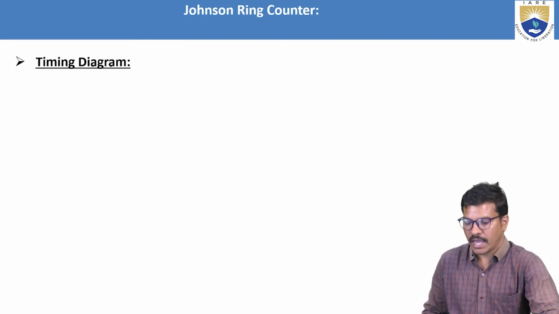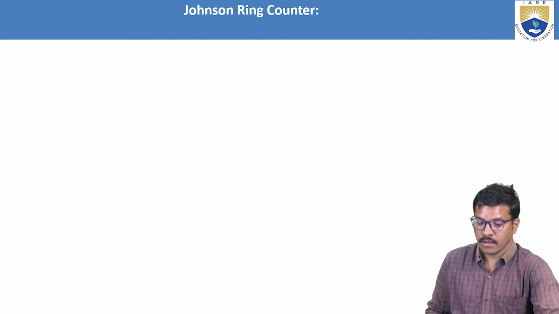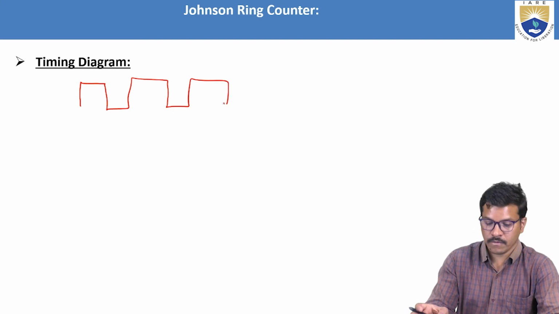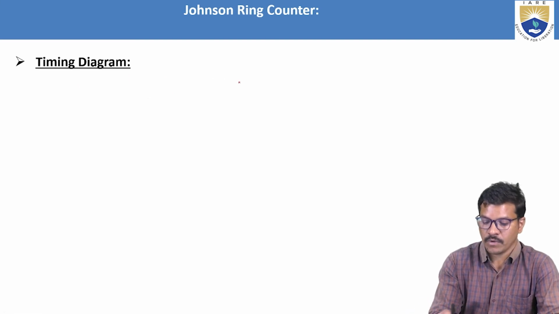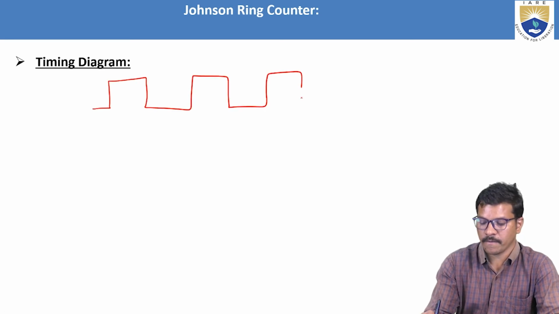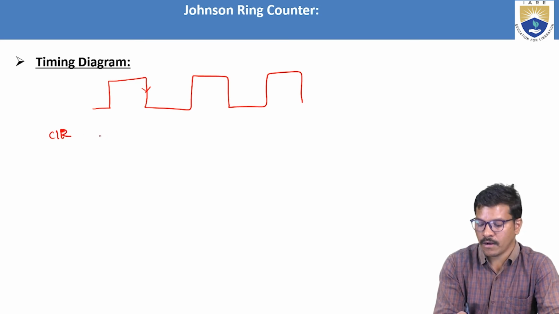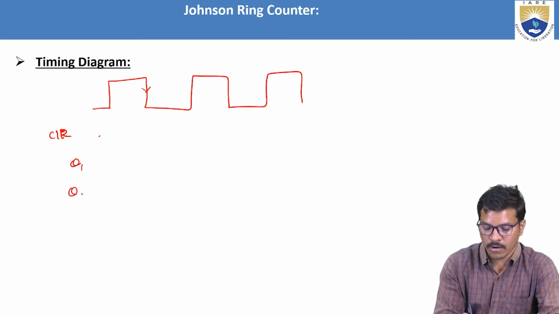If you see this timing diagram, I am taking just 1 clock. Here it is clear: all Q1, Q2, Q3, Q4 are zeros. For the next clock pulse, Q4 bar becomes high and the remaining are all zeros.